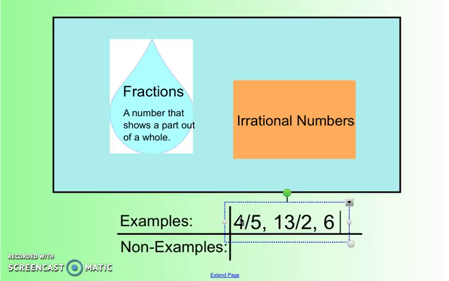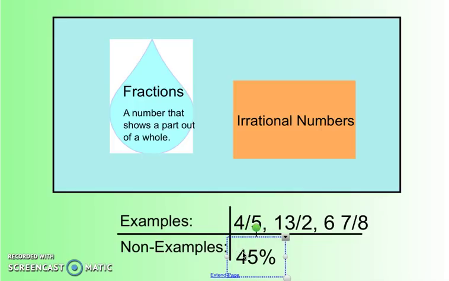We could also include mixed numbers, 6 and 7/8. Those are all examples of fractions. A non-example could be anything in a different form, percents, decimals. They can be written as a fraction, but currently they're not in fraction form.